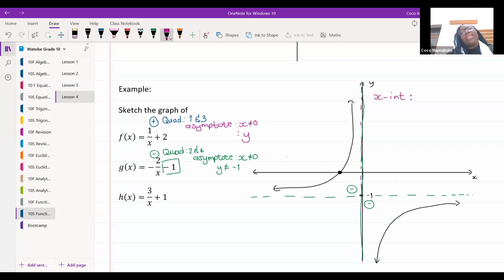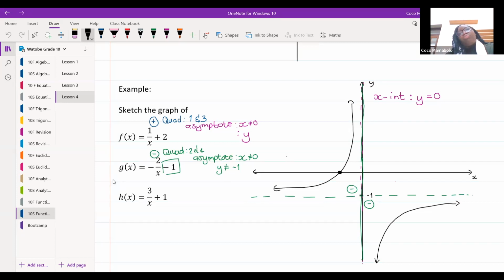And what do we know about the x-intercept? What happens at the x-intercept? Y is equal to 0. Excellent. So we're going to go to our function, Jasmine, and we're going to replace g of x with what? 0. Good. Excellent. Tell me what my formula is going to sound like.